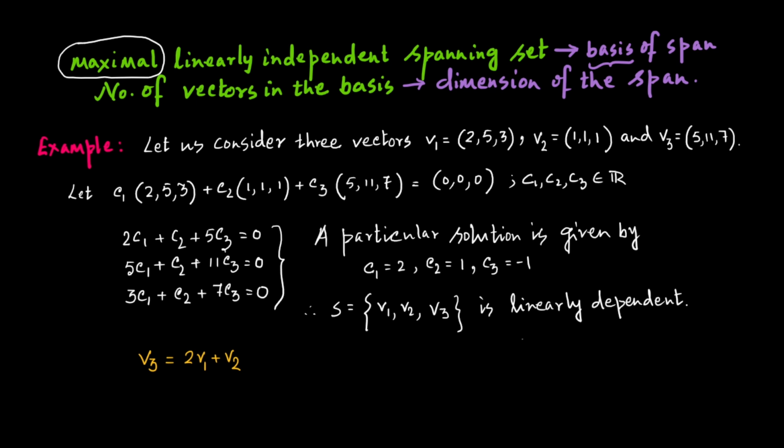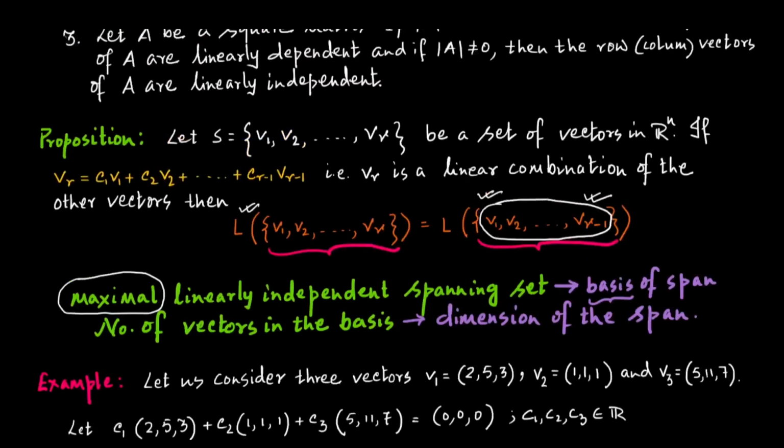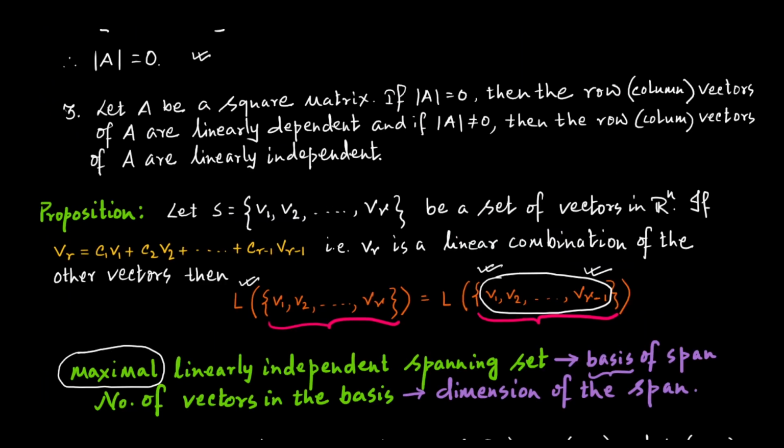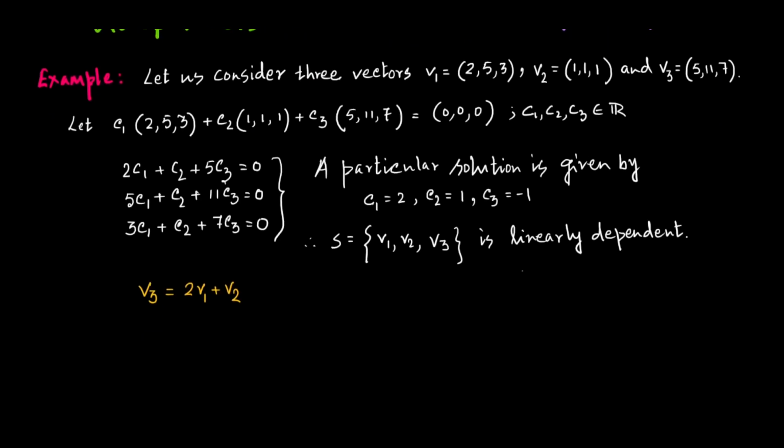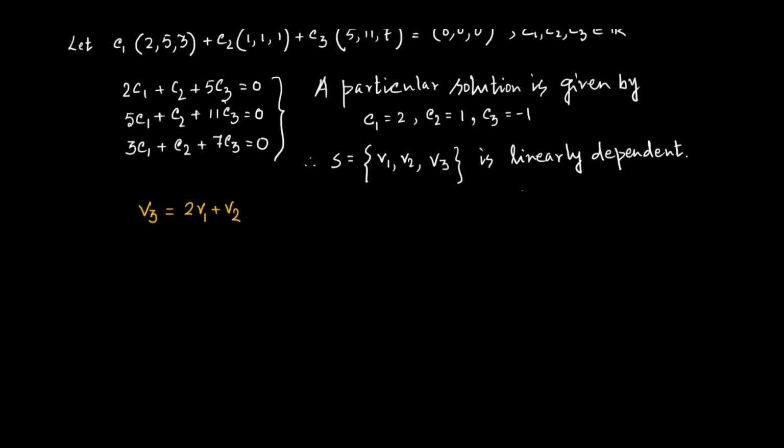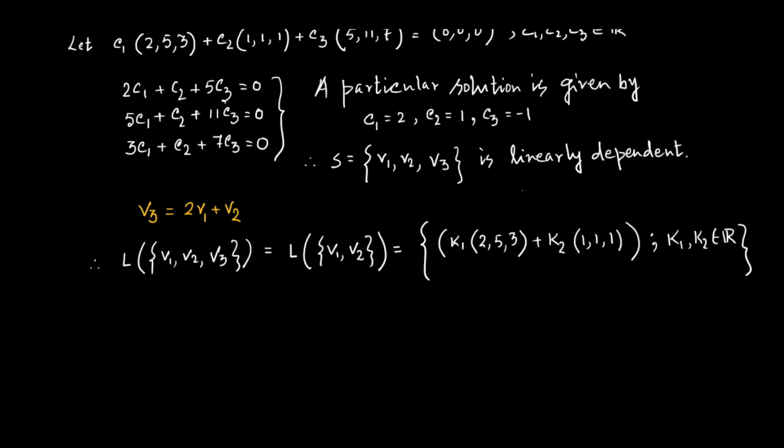Now that means v3 can be represented as a linear combination of the two other vectors in the set, v1 and v2. That means by the proposition I have stated here, I can write that the linear span of v1, v2, v3 will be equal to the linear span of v1 and v2, which is equal to the set of all linear combinations of v1 and v2 given by k1 into v1 plus k2 into v2 for real numbers k1 and k2.